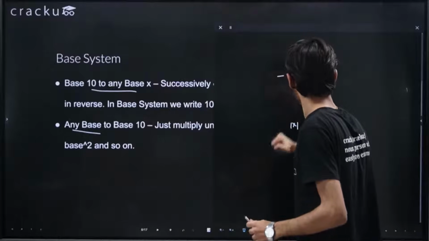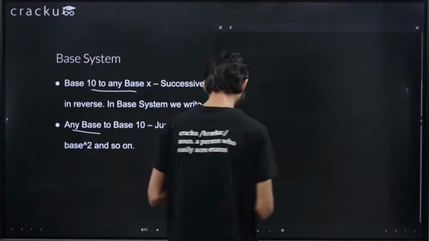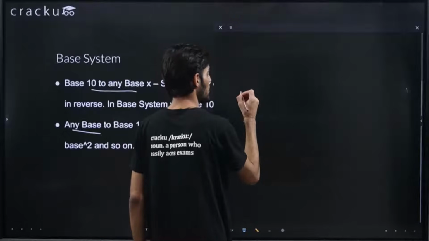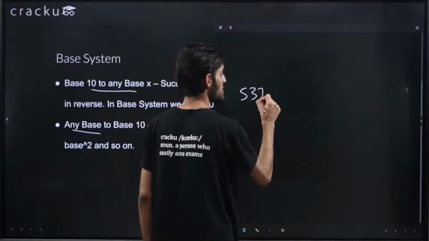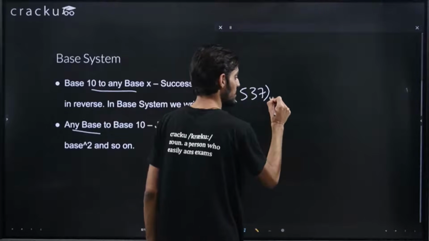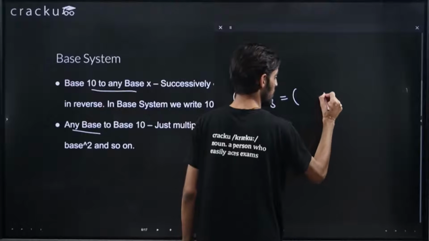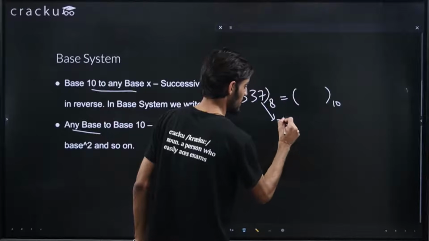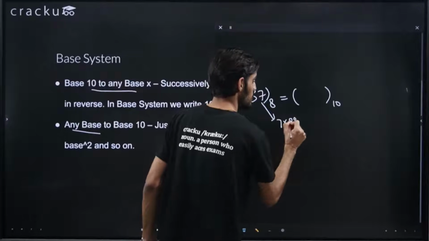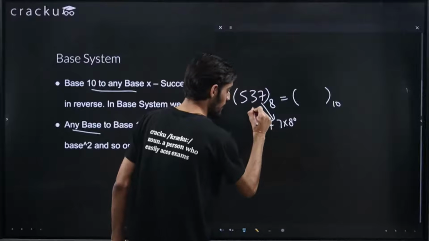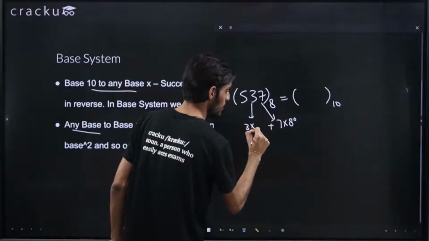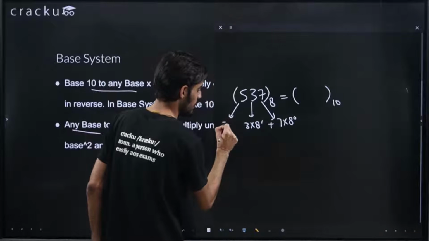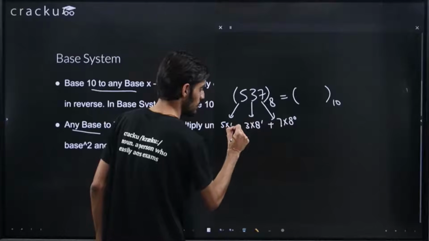Let me take one more example. If I want to convert the number 537, written in base 8, into base 10, what you need to do is multiply this 7 by 8 raised to the power 0, plus 3 into 8 raised to the power 1, and 5 multiplied by 8 raised to the power 2.